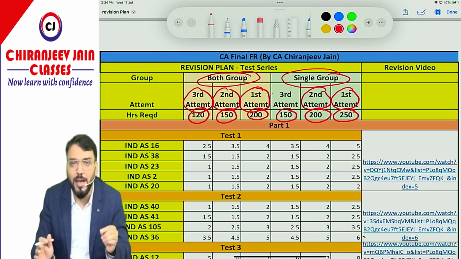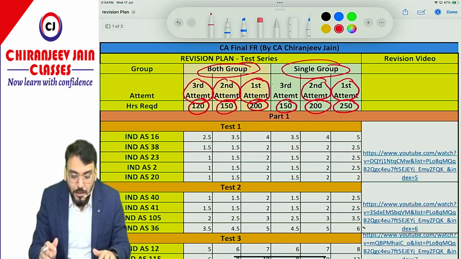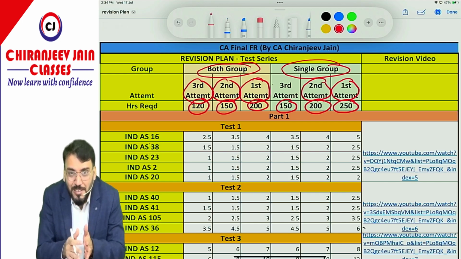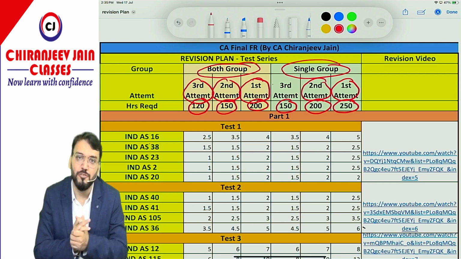On that basis also I have given 120 and 150 hours. I hope you have understood that different circumstances may be available for different types of students.